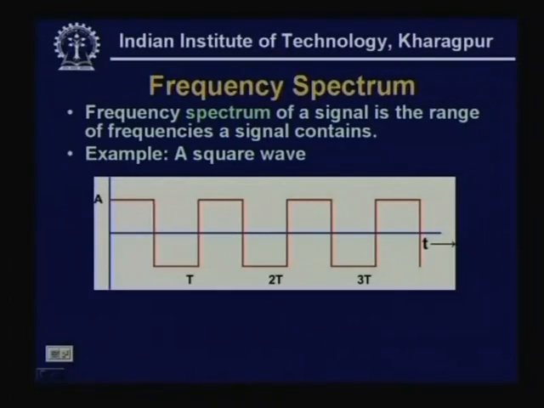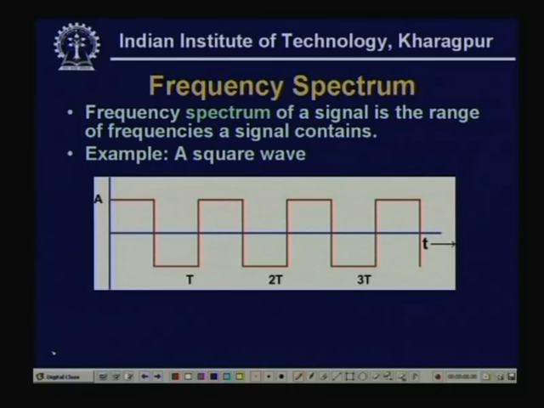The frequency spectrum of a signal is the range of frequencies a signal contains. For example, here is a square wave, and the square wave has time period t and frequency f, where f is equal to 1 by t.